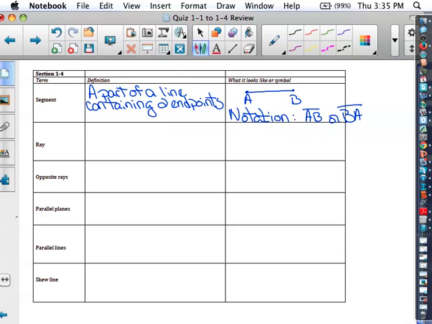Next is a ray. A ray is a part of a line consisting of one endpoint and all of the points in the other direction. So a part of a line, I'm not going to have room for all of this.